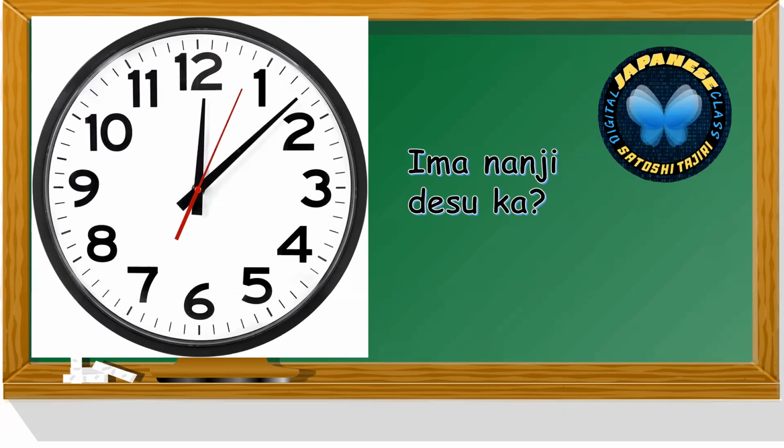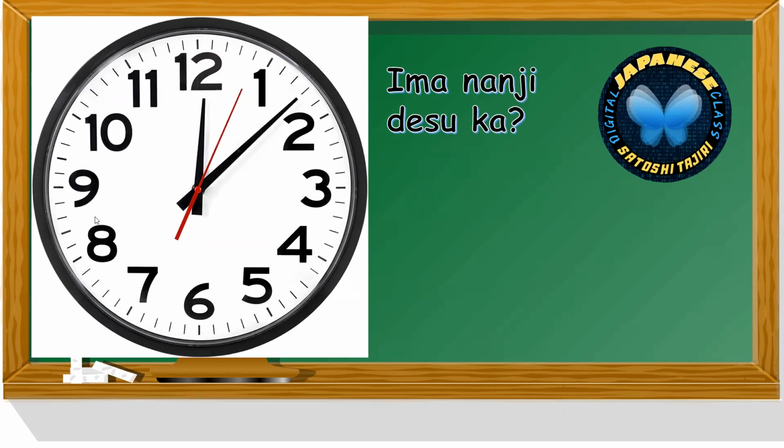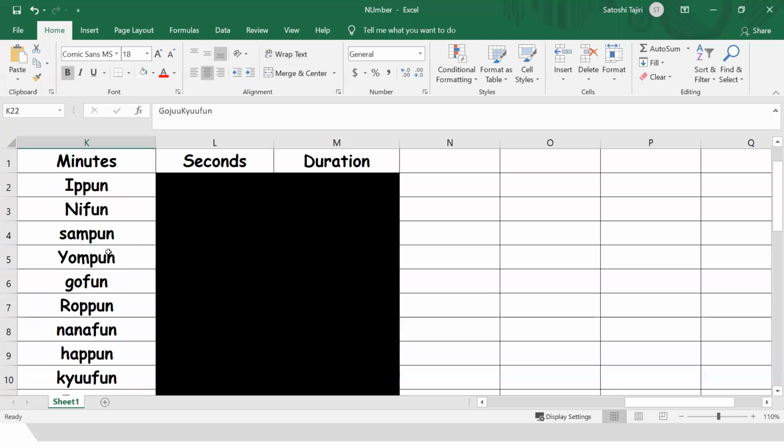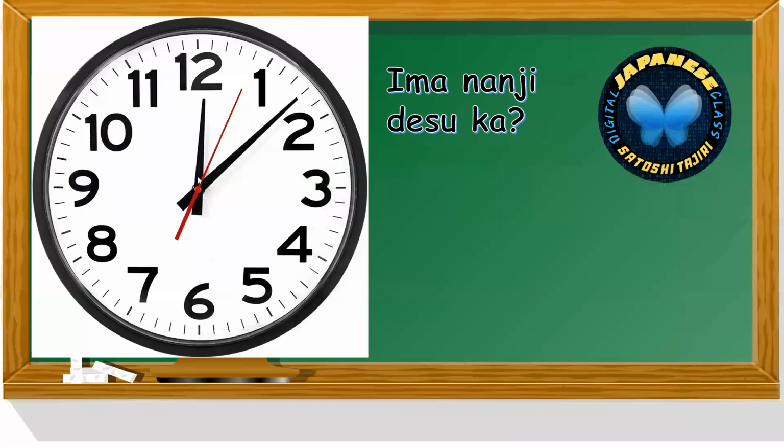Ima nanji desu ka? So how are we going to answer that? Ima 12時, then we have not yet in 10, so we have 5, 6, 7, 8. So 8 minutes, remember, is our half point. Ima 何時ですか? Ima 12時8分. Okay. That's how it works.